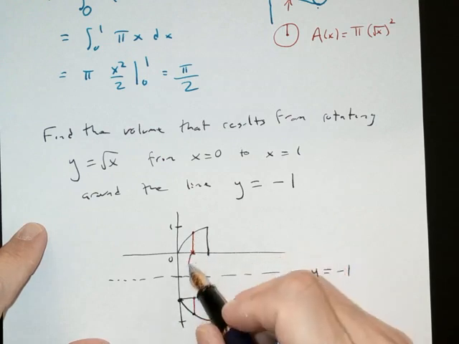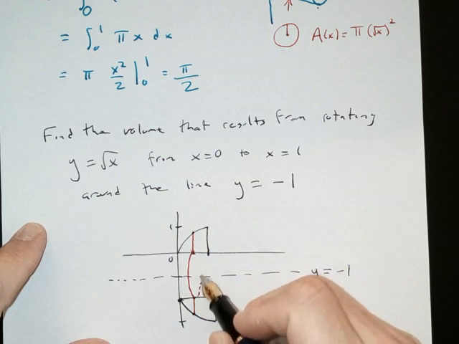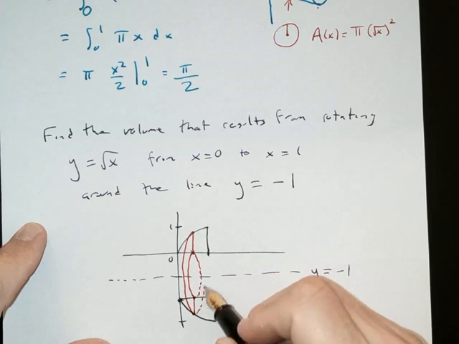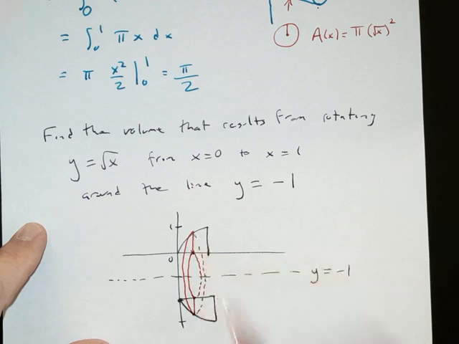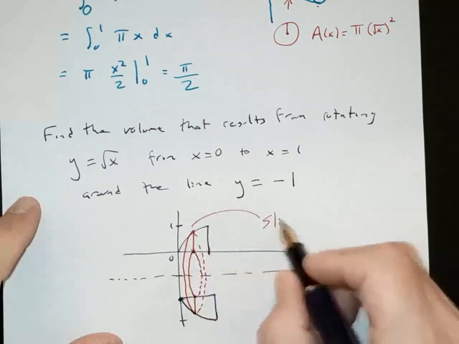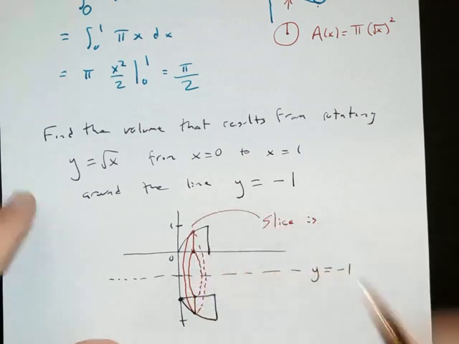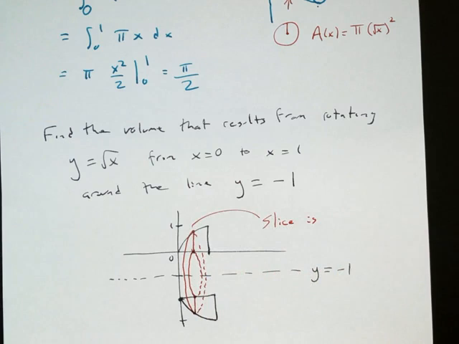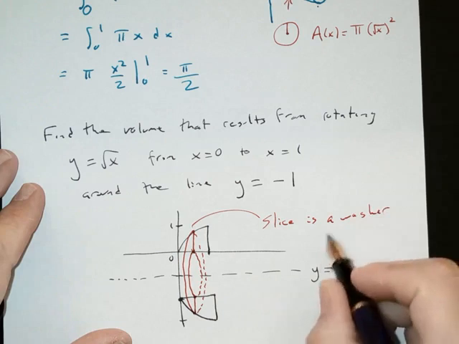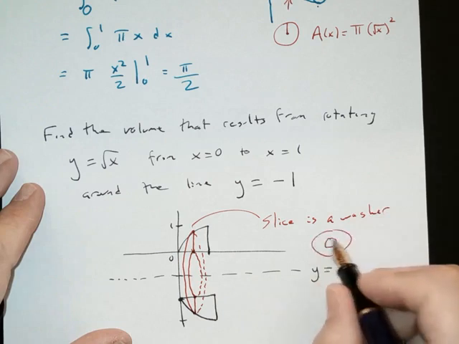My stick has not described a circle. My slice is hollow. It's a washer. It's one circle inside another.